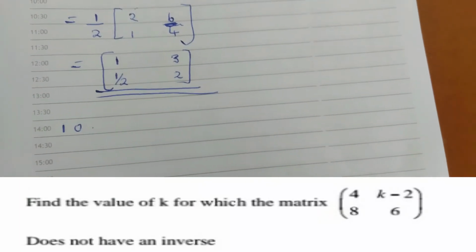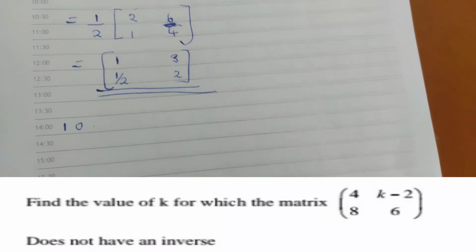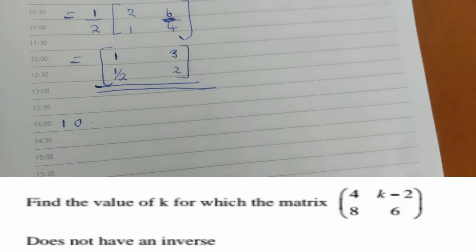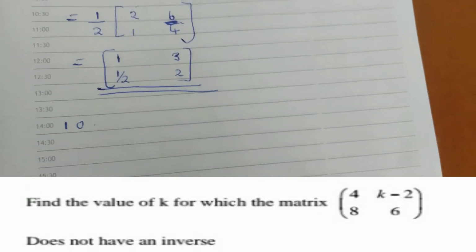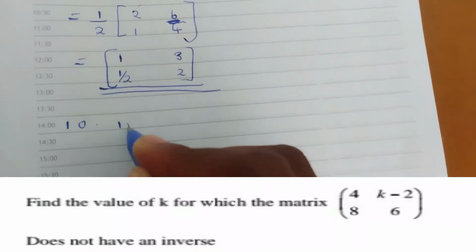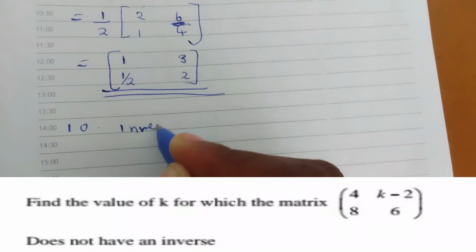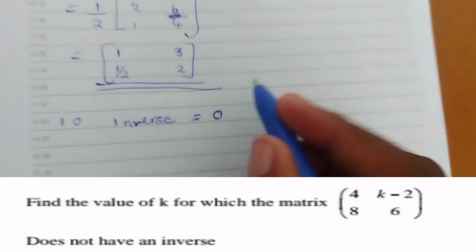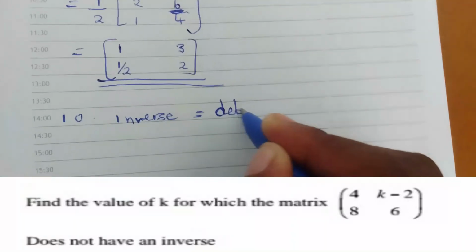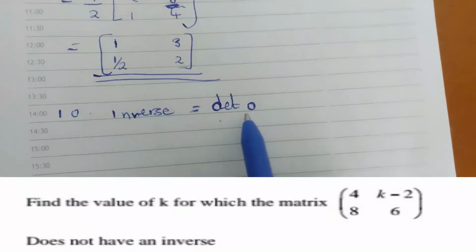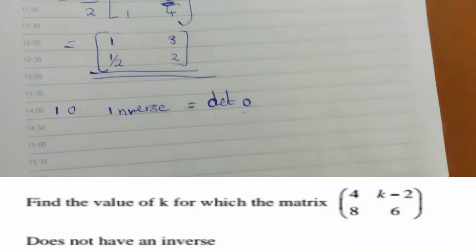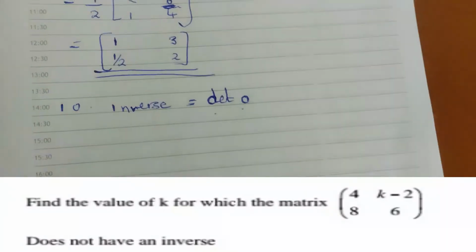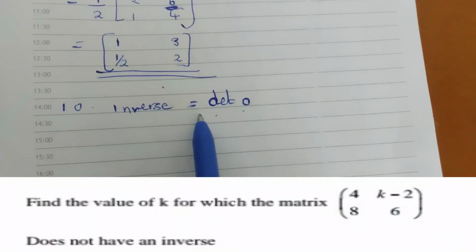It means that the determinant for that particular matrix is equal to 0. And if the determinant is equal to 0, then we know how to work that, but you need to know this in particular.